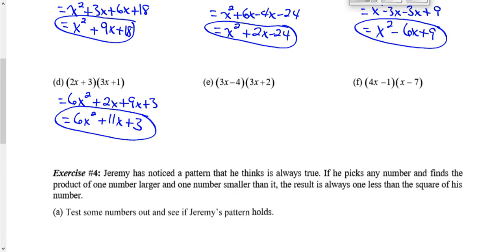9x squared minus 6x minus 8, yeah? So 3 and 3, so this equals, whoopsie daisy, minus 6. 9x squared plus 6x minus 12x minus 8. Combine those like terms.